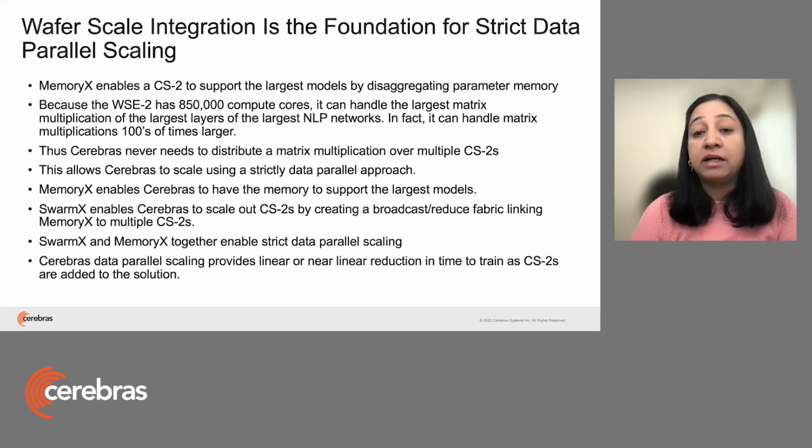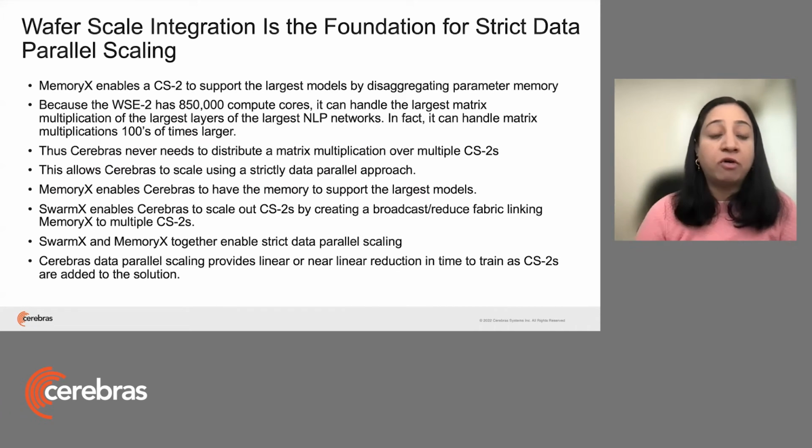Now, this can handle the largest of the largest matrix multiplications. That means there doesn't have to be any use case where a single layer needs to be split across multiple CS2s. Our Wafer-Scale Engine is so huge that it can fit the largest layers of the largest NLP models, even handle matrix multiplications hundreds of times larger than today's state of the art.